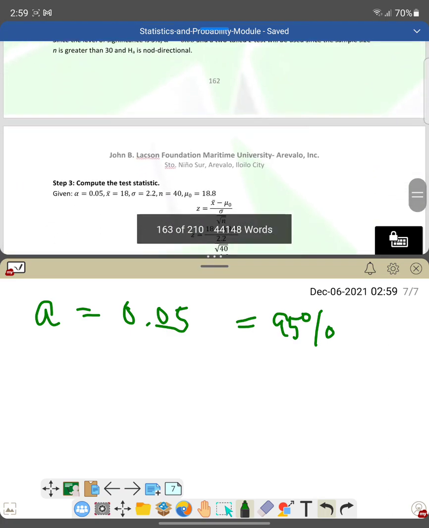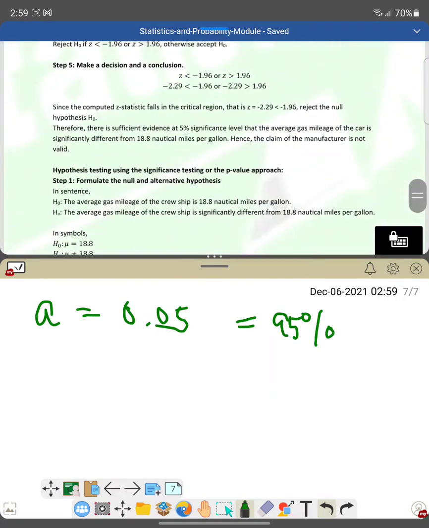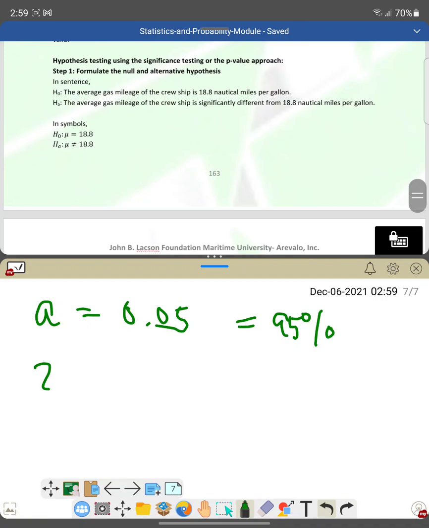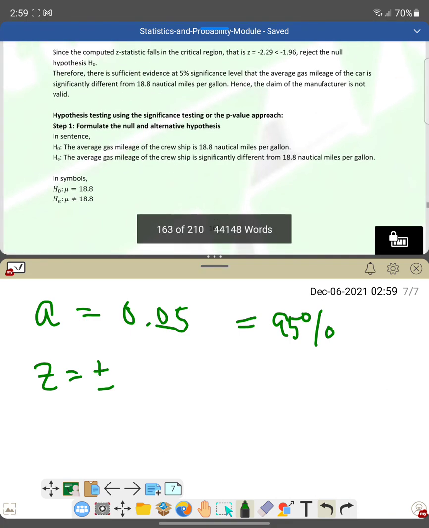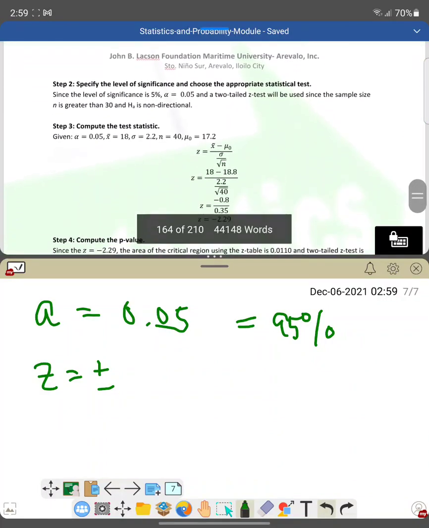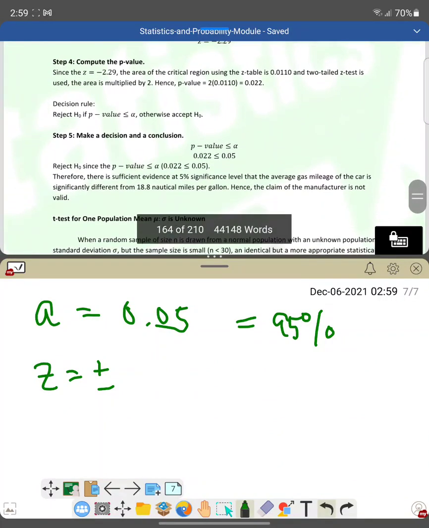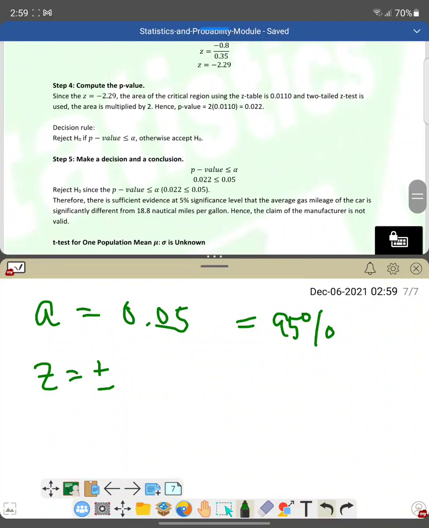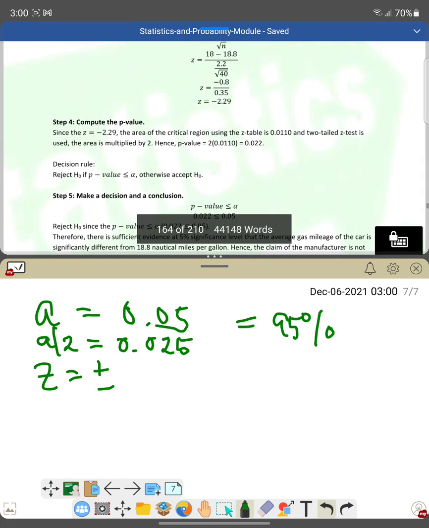Before, we have already discussed the two-tailed test, where the z value is plus or minus z sub alpha over 2, which is equal to 0.025. Okay, and we have the value for that.